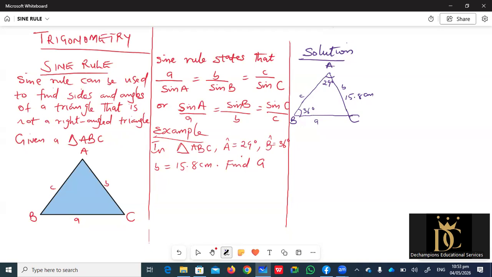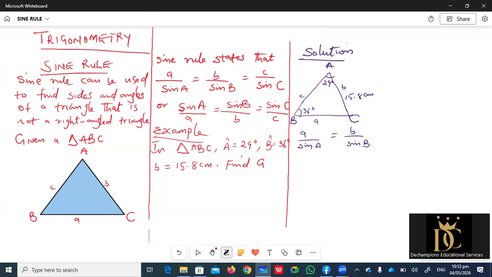To find side a, we write out the sine rule by saying small a over sine big A is equal to small b over sine big B. Side a is what we are asked to find.